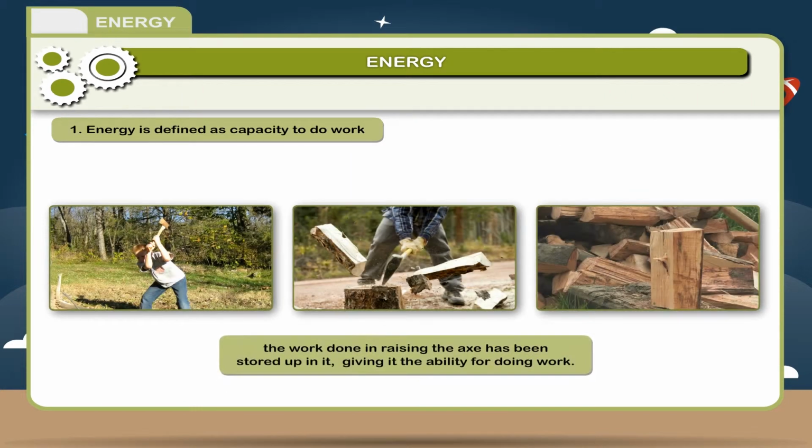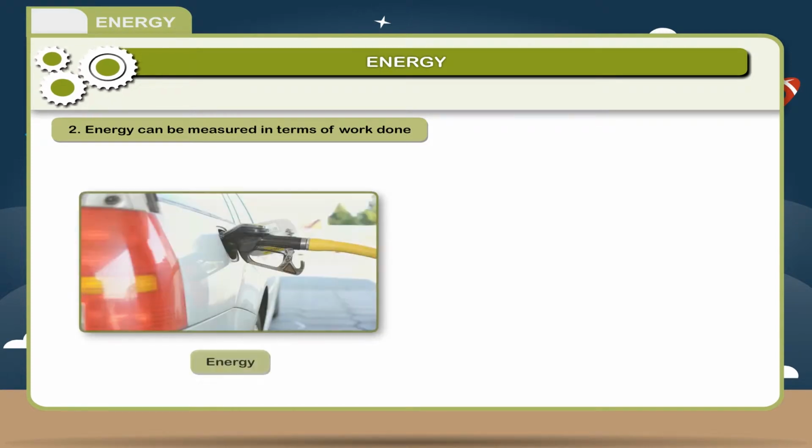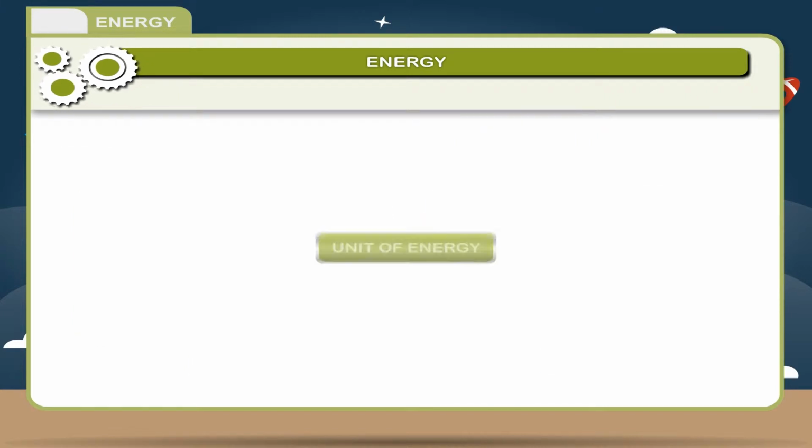Thus, the work done in raising the axe has been stored up in it, giving it the ability for doing work. 2. Energy can be measured in terms of work done. The amount of energy possessed by a body is equal to the amount of work it can do when its energy is released.